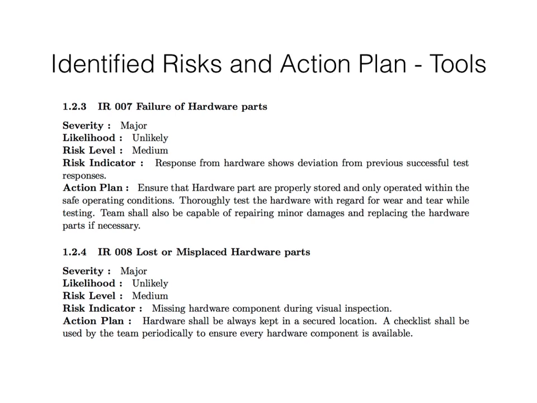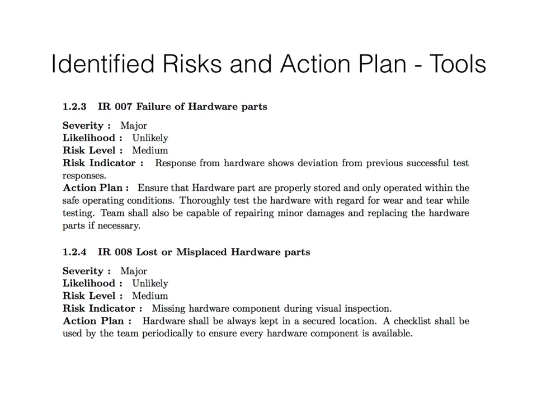The last one of the tools category is lost or misplaced hardware parts. This one is also an unlikely to happen risk, but if it happens, it has a medium risk level or medium priority.